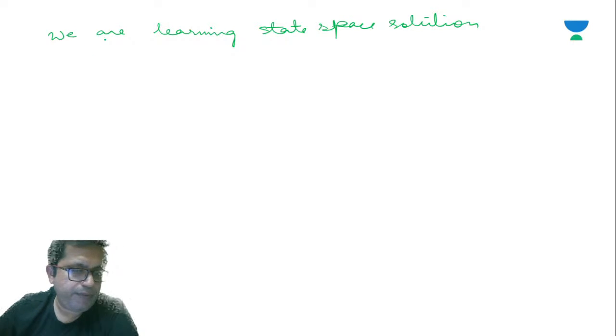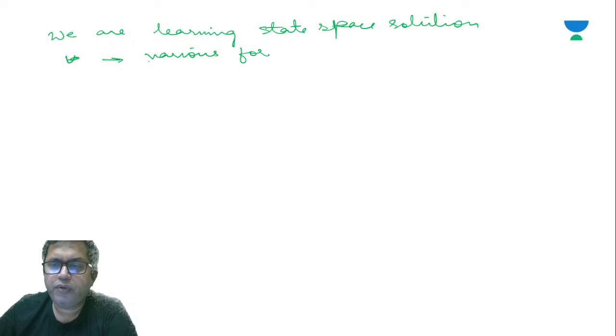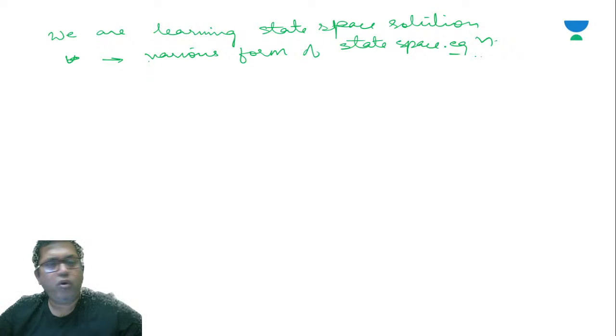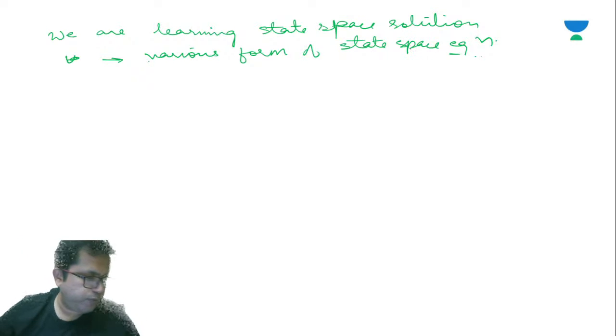In this session, we are learning various forms of state space equation, and how to solve the examples of state space equation.